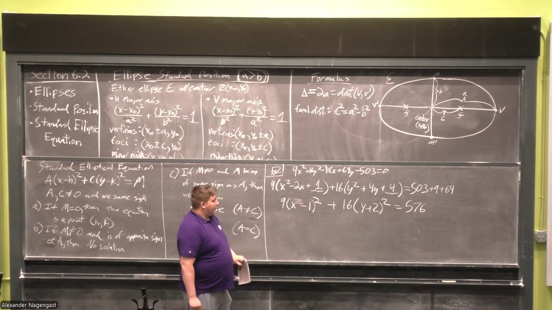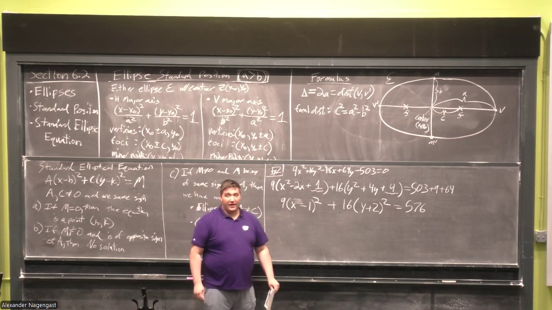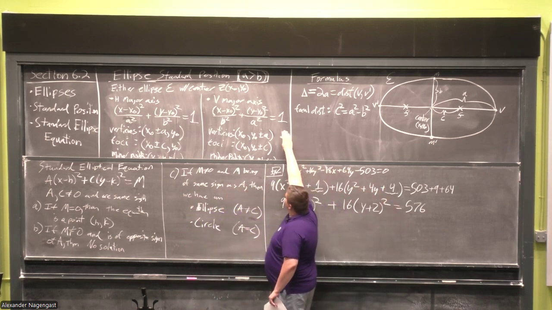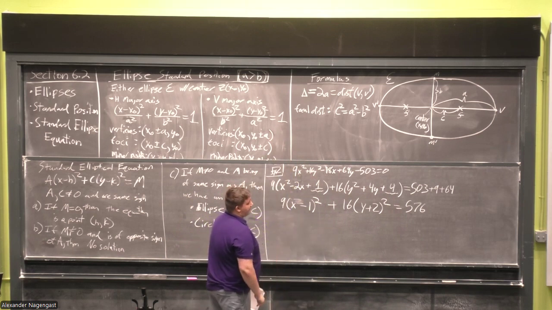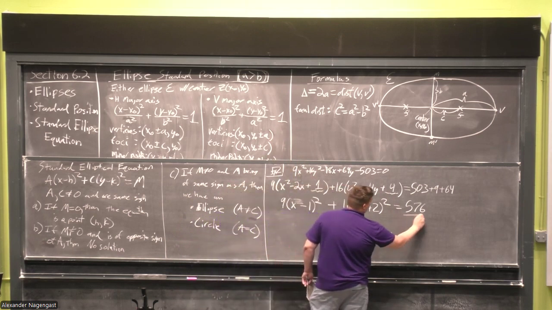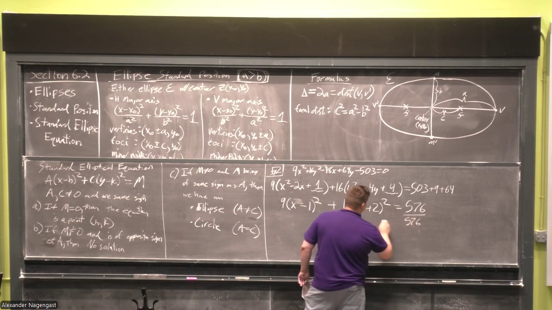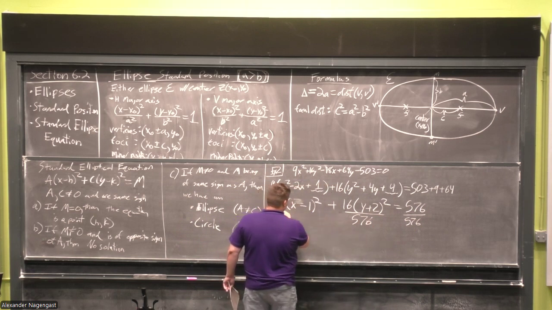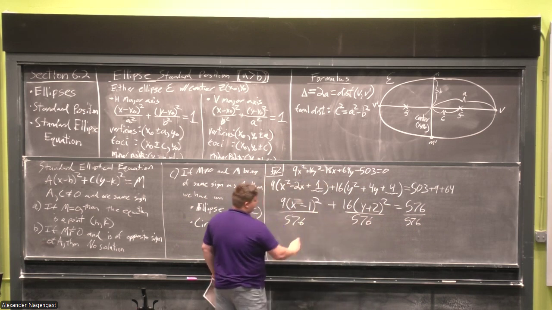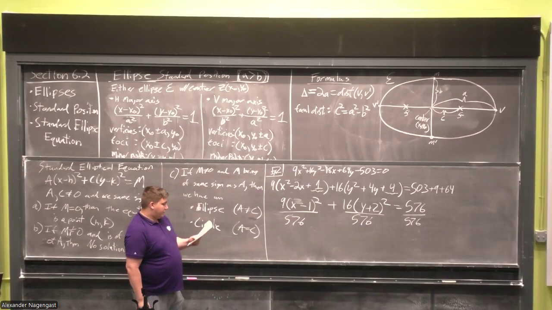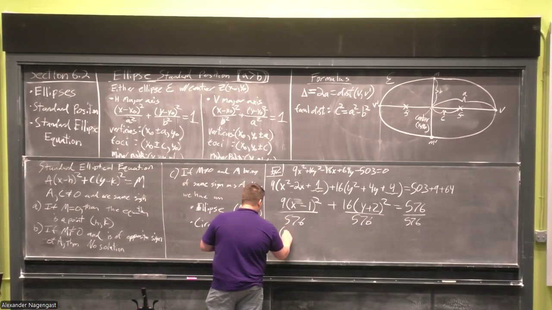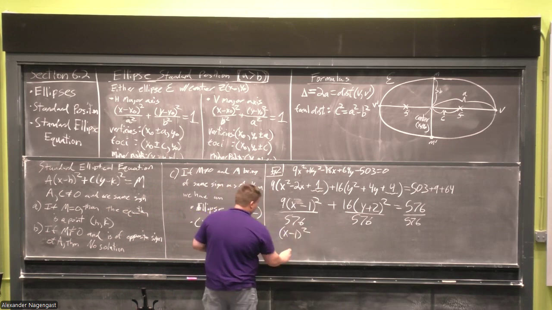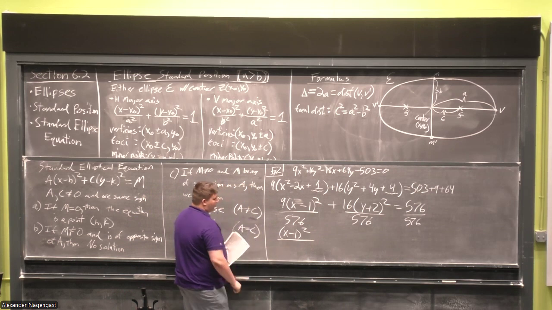So what we can do is generate that ellipse equation. We know that the equation starts off with a 1 on the right-hand side. So let's divide by 576 and divide each one of these by 576. And when we reduce, we'll get x minus 1 quantity squared over 64.